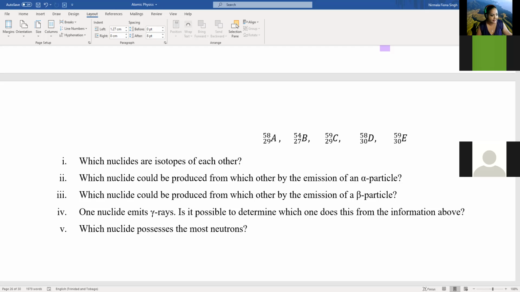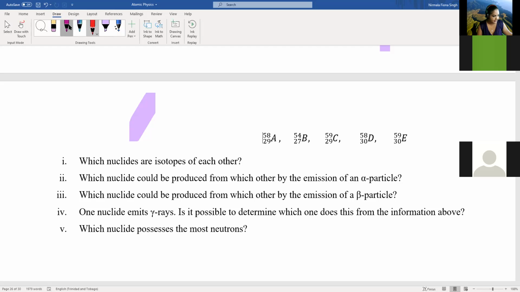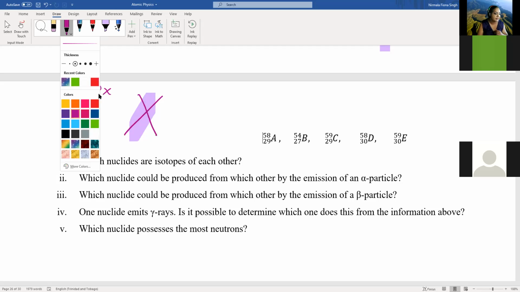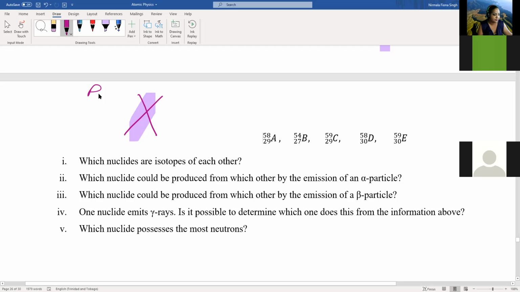When we have our symbol, remember we have protons plus neutrons at the top and protons at the bottom. An isotope is an element that has the same number of protons but a different number of neutrons.